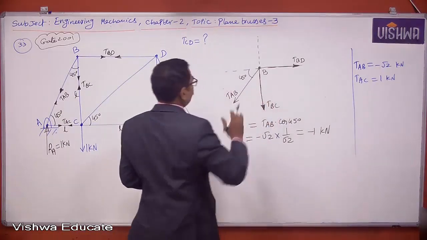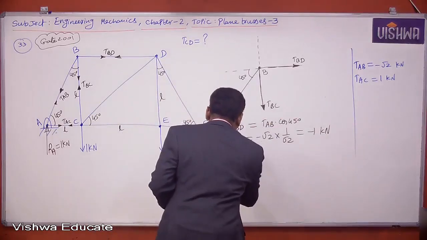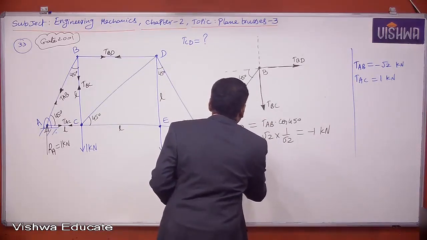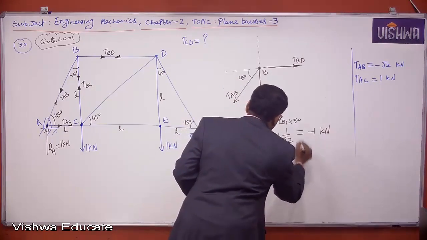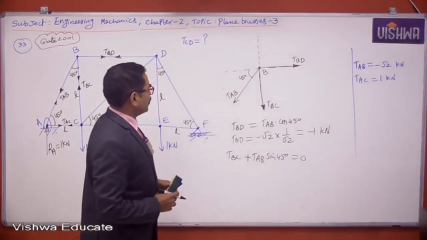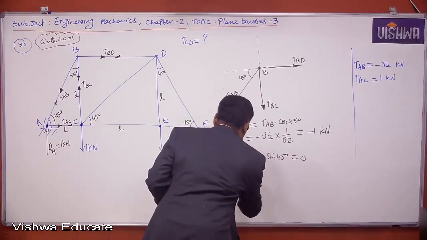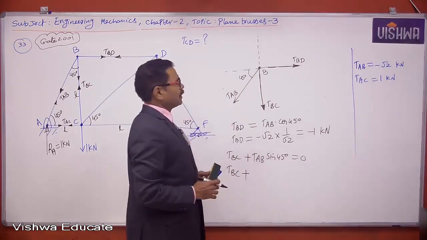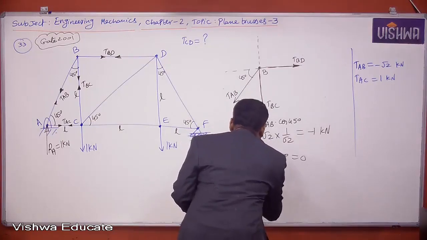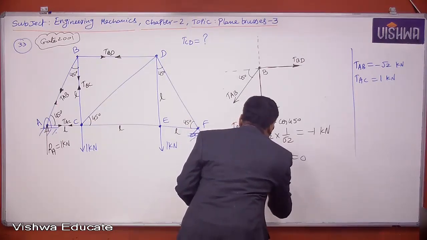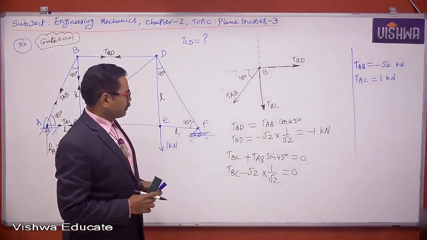Now, the sum of downward forces is equal to the sum of upward forces. The sum of downward forces means TBC plus TAB sine 45 equals 0. What is TBC? I don't know. TBC plus TAB, which I know is minus root 2, into 1 by root 2 equals 0. Minus root 2 into 1 by root 2 is minus 1.